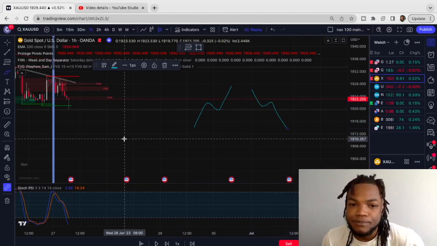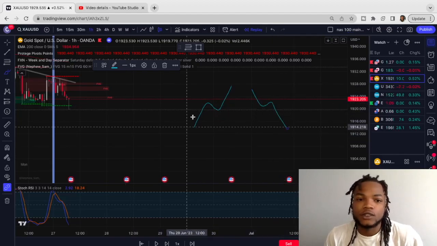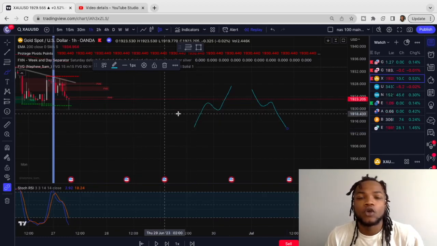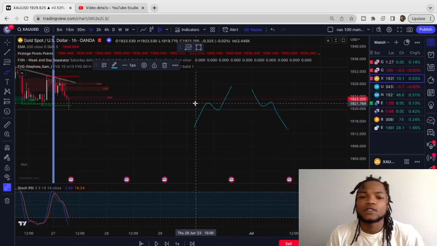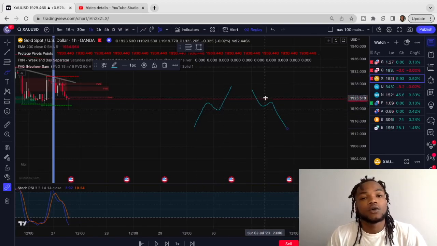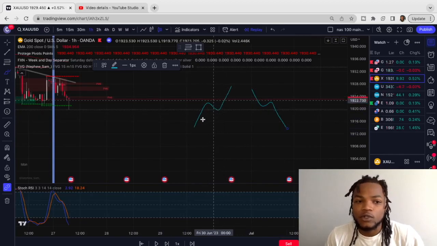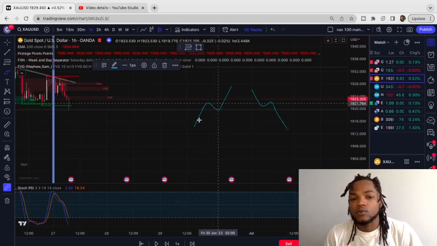So this is a downtrend, this is an uptrend. We already know if the market's going on a downtrend, we're looking for sales. We're trying to go with the trend. We're not doing nothing extra, you know what I'm saying? With buys, we're going with the uptrend, we're looking for buys because it's an uptrend. We're going with the trend.